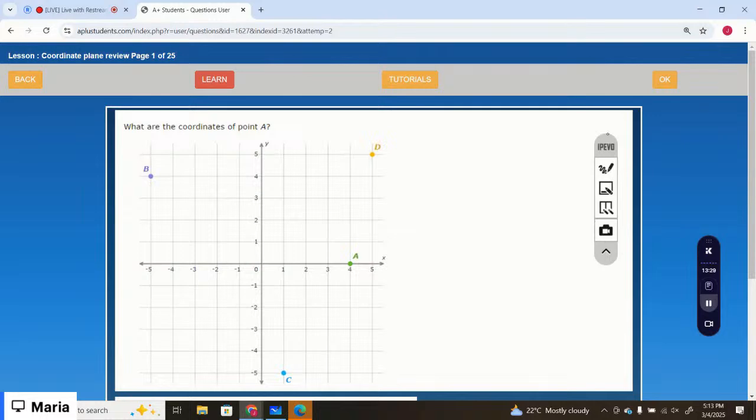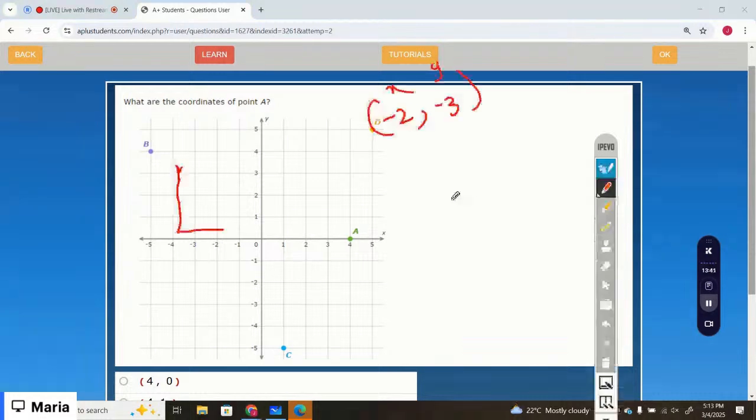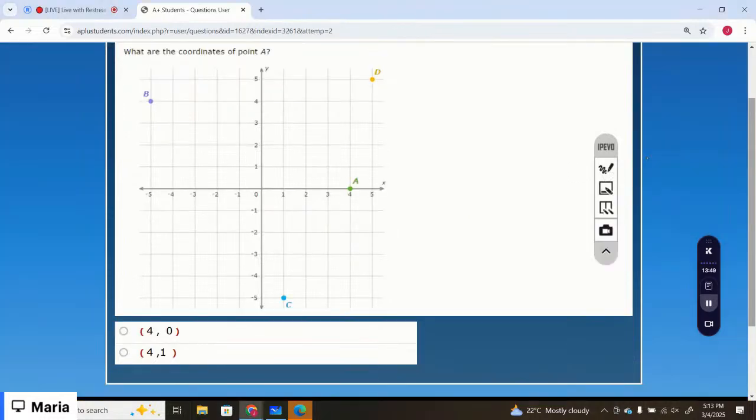Point A is on the x-axis. When we have a point on either the x-axis or y-axis, like point A on the x-axis, the y-coordinate is 0. Only the x-coordinate has the value 4. So the coordinates of point A are (4, 0). Option number 1 is the correct option.